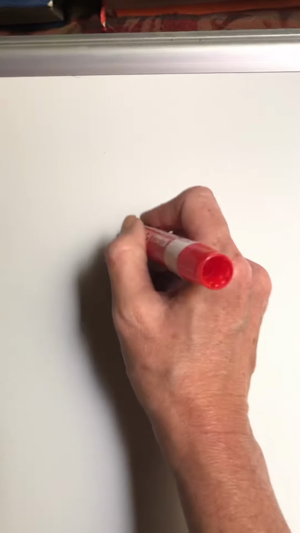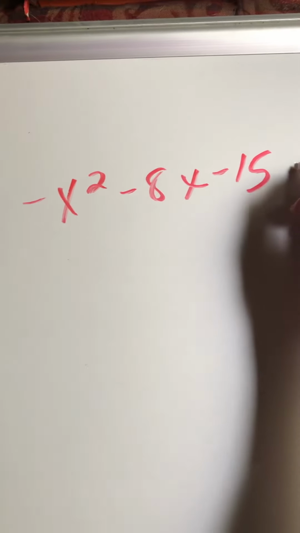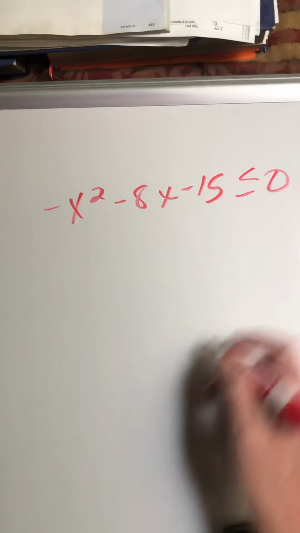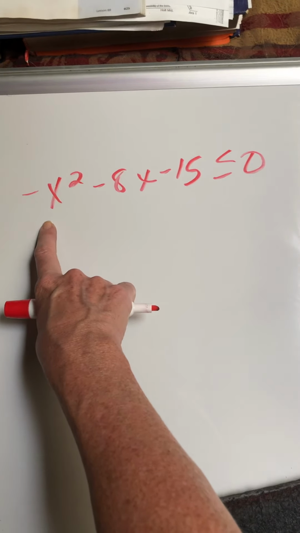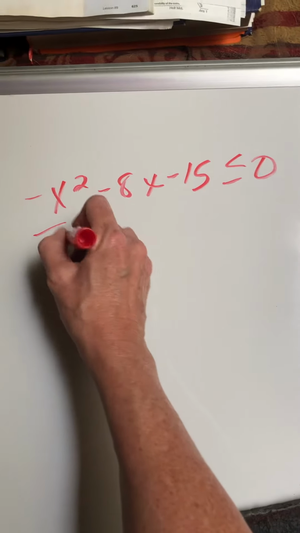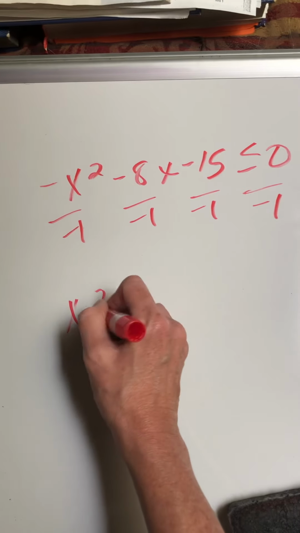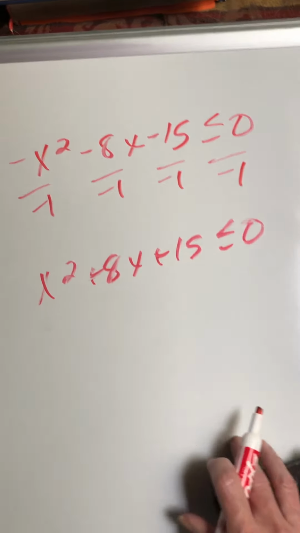And then sometimes it's going to look one way, but you can't leave that x squared negative. So what you're going to do is divide everything by a negative. And because you do that, that flips your inequality.